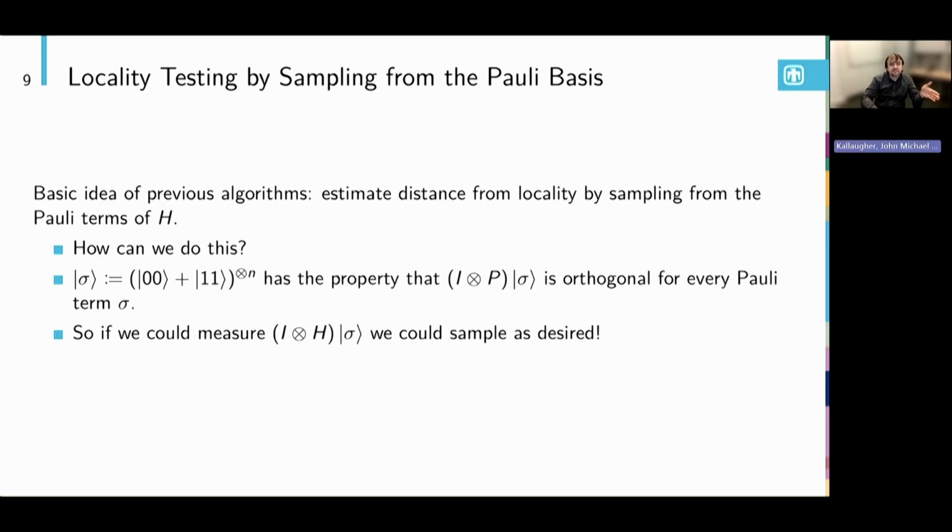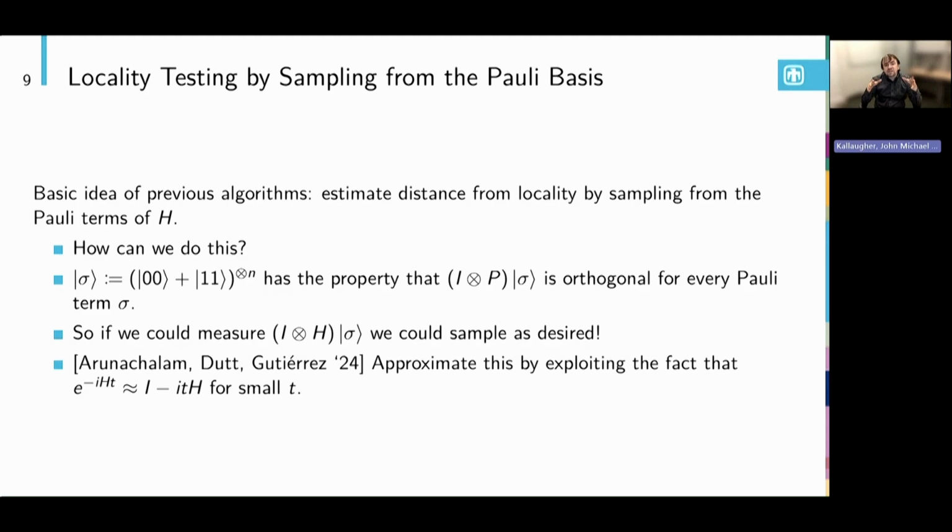And what this means is that if you could apply I tensor H to this state sigma, and then measure in the basis that differentiates applying all of these I tensor P's, you could sample from the Pauli spectrum of H. Now, it's not actually possible to do this directly, not least because I tensor H times sigma wouldn't even be an actual state.